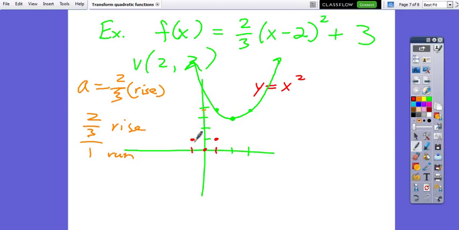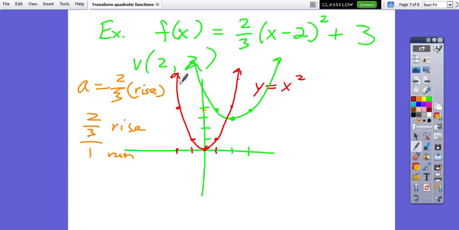And then I would need to go to the right 2, up 4. That would be right here, approximately. Not going to be perfect. And then to the left 2, up 4. And I hope that you can see that those two curves have a different width. The green is a little bit wider, not much wider, but a little bit wider than the original function.